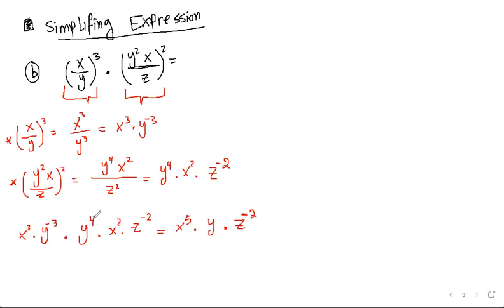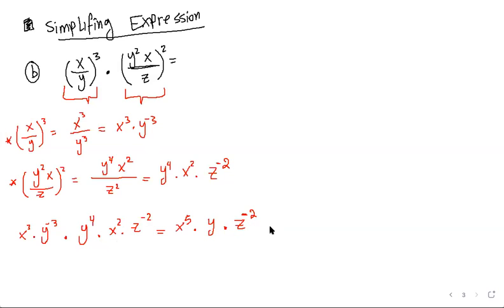We do summation: 4 minus 3 is 1, or I can remove it. And the remaining is z to the power minus 2. I don't have any other z, so I keep it alone.